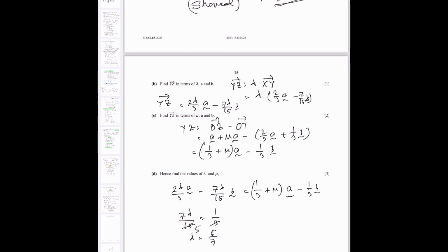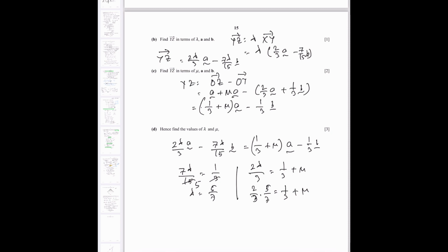Now comparing the coefficient of a, 2 lambda by 3 equals 1 by 3 plus mu. Lambda is 5 by 7, so 2 by 3 into 5 by 7 is 10 over 21. 10 over 21 minus 1 by 3 equals mu. 21 LCM, 10 minus 7 by 21, mu equals 1 by 7. Okay, lambda is 5 by 7.